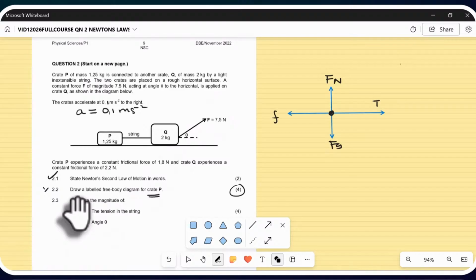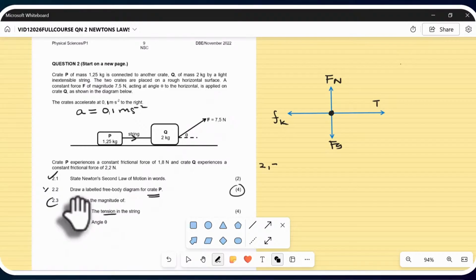And then they say 2.3, calculate the magnitude of the tension in the string. Looking for this tension in the string here. Now, because P has only two forces acting directly, we better use that one. So 2.3.1, I'm going to use F net equals MA.